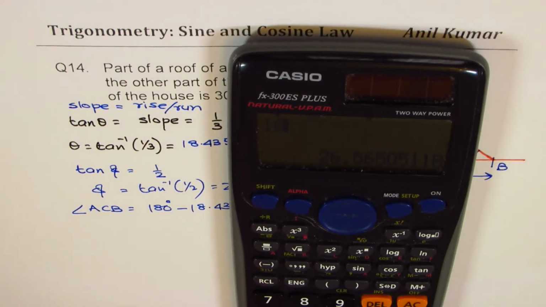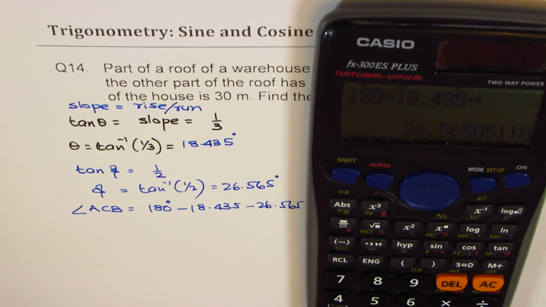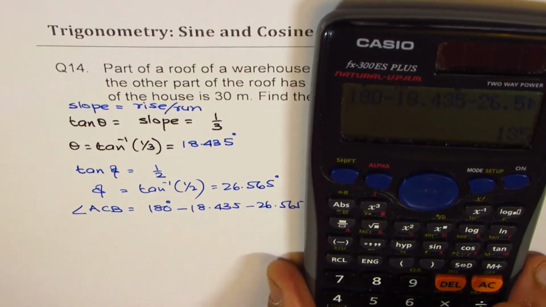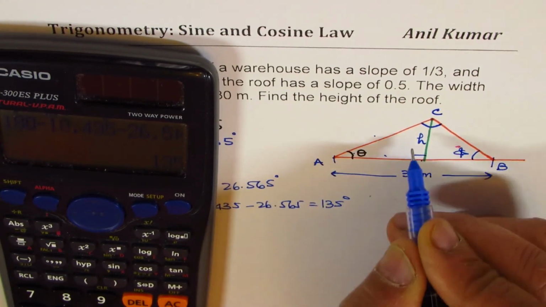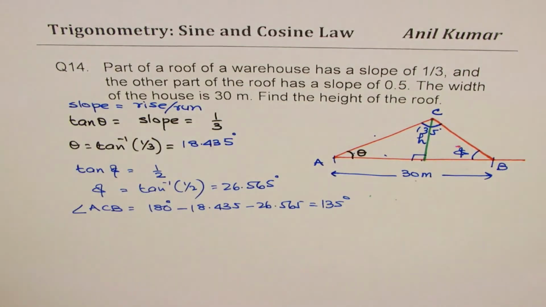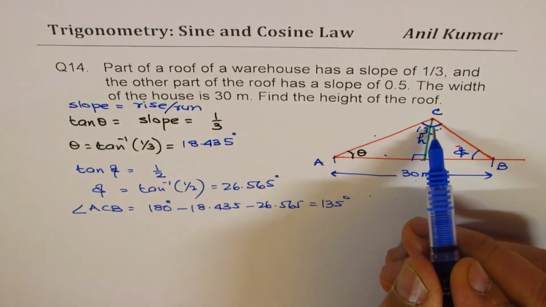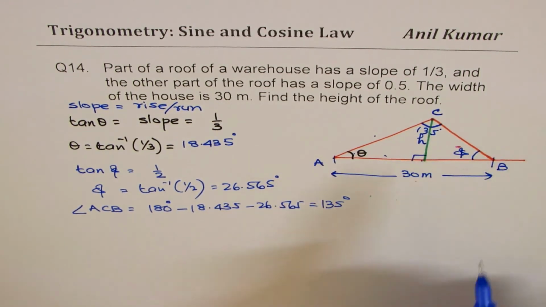So that gives you 180 take away 18.435, take away 26.565, which is equal to 135 degrees. So this angle is 135 degrees. Since we know this angle now, we can use sine law and find any one of these sides.